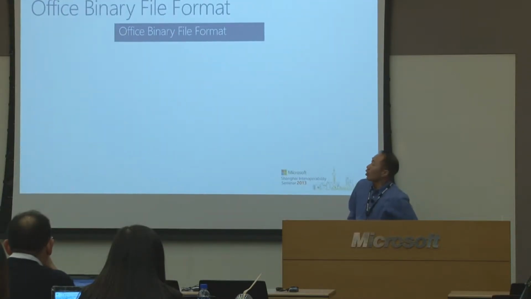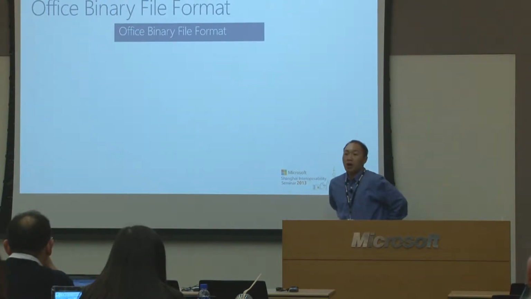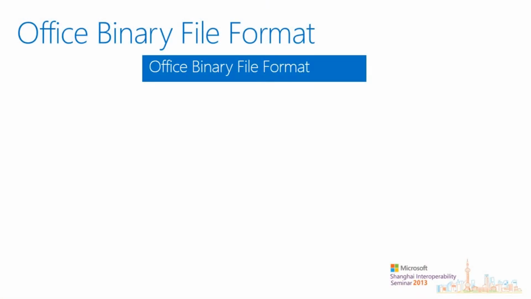So before we talk about Office file validation and its application, we should take a step back and look at the Office binary file format. Everything started with the binary file format. Microsoft has been using the binary file format for many years.